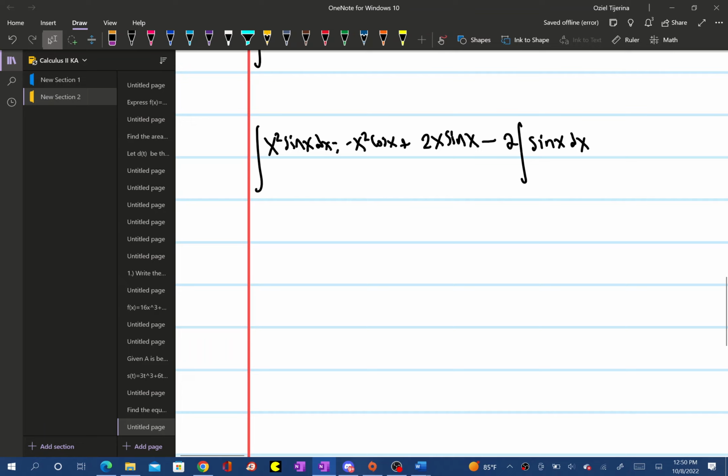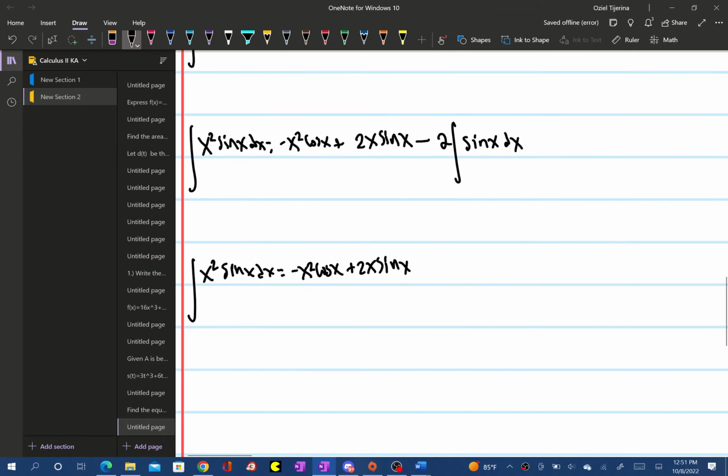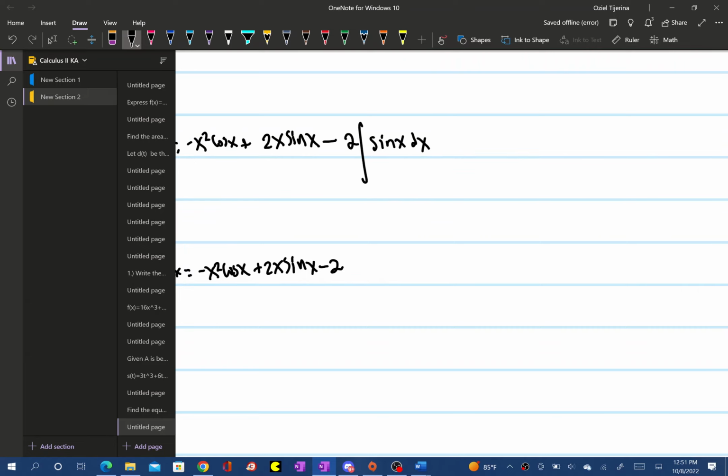Now this simplifies everything. The integral of x squared sine x dx equals negative x squared cosine x plus 2x sine x minus 2 times the integral of sine x. The integral of sine x dx is just negative cosine x.